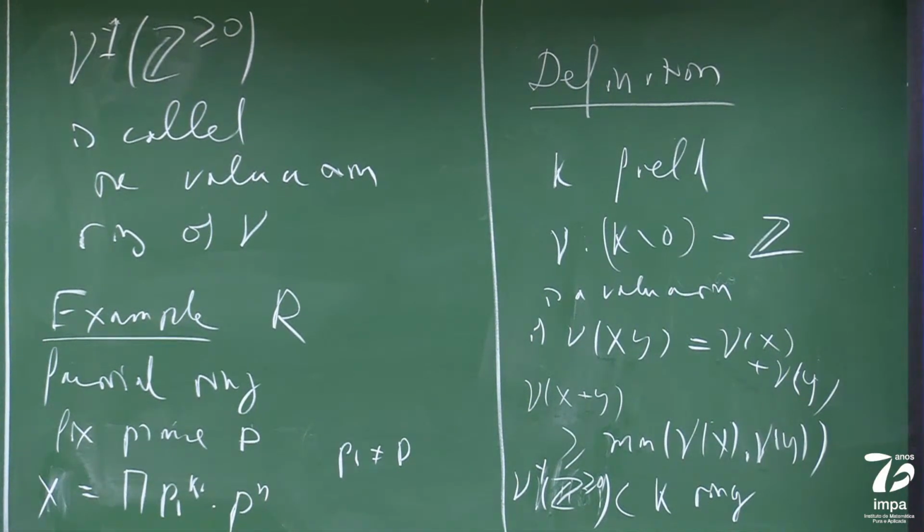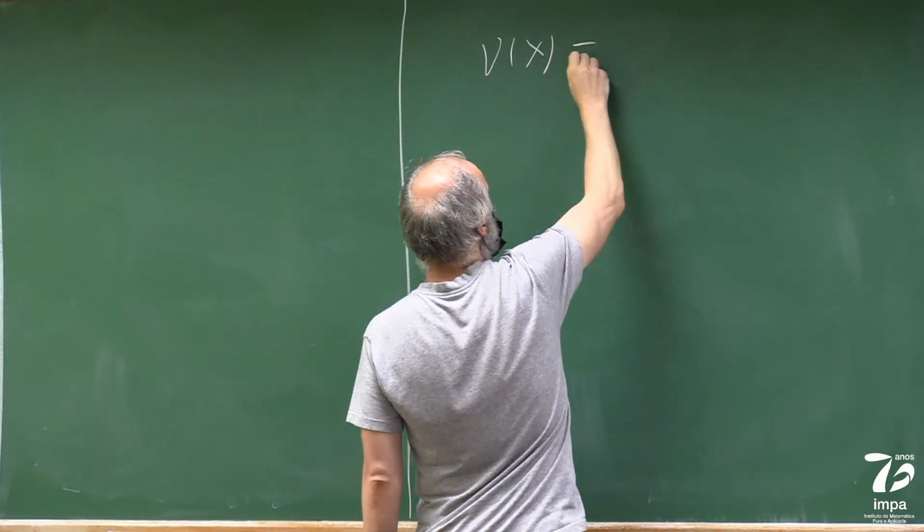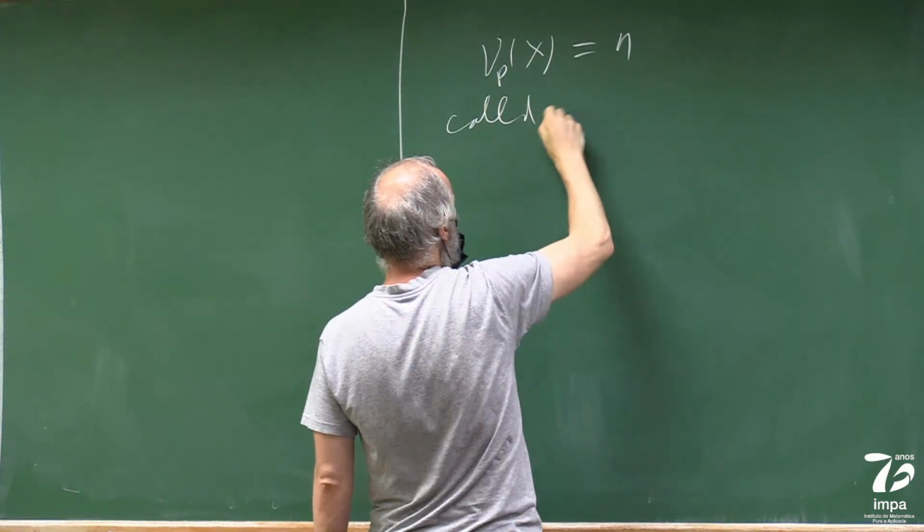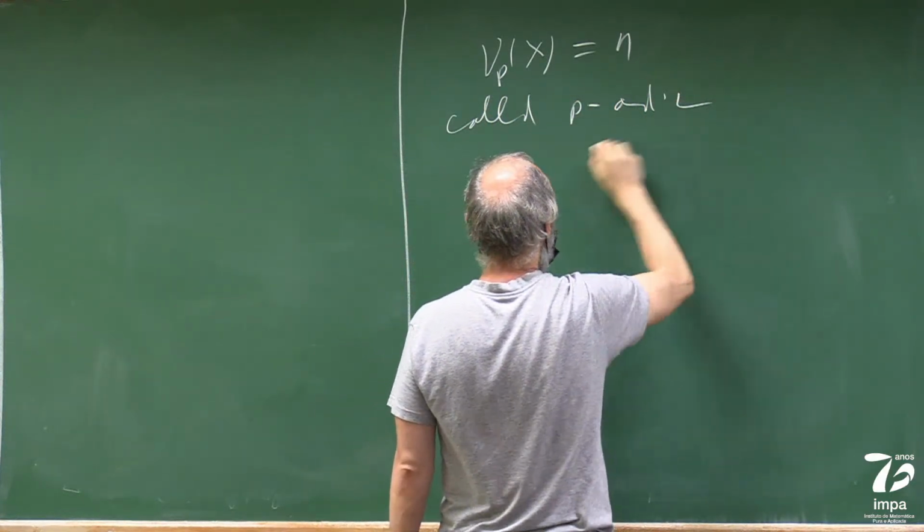Then nu of x is equal to n. This is called nu p. This is called the p-adic valuation.